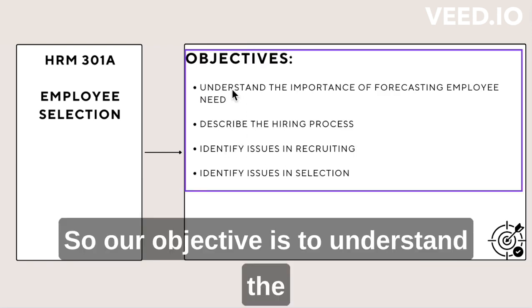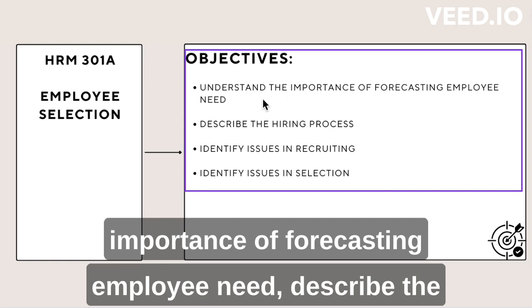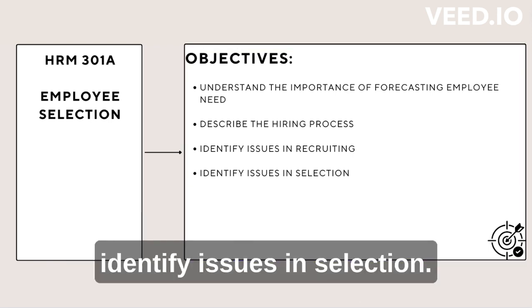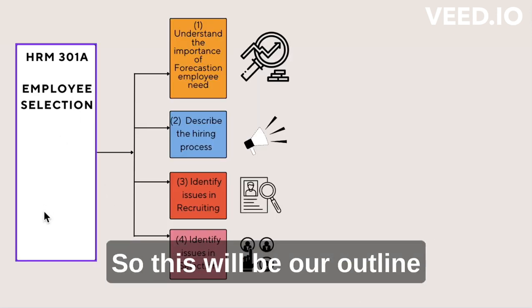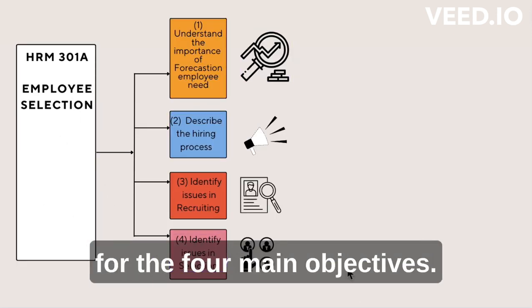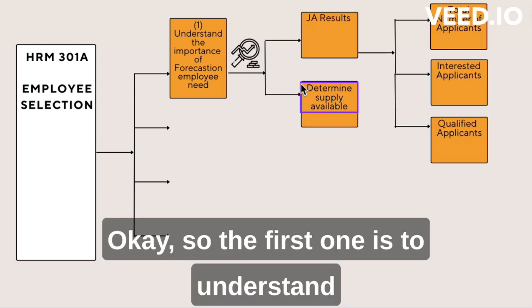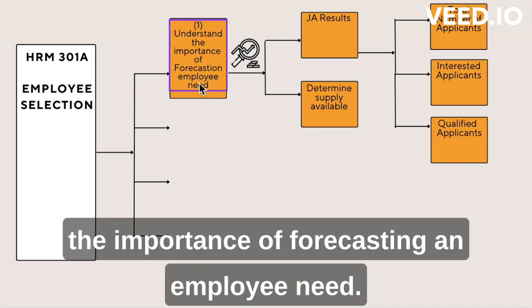So our objectives: to understand the importance of forecasting employee need, describe the hiring process, identify issues in recruiting, and identify issues in selection. So this will be our outline for the four main objectives, okay? The first one is to understand the importance of forecasting an employee need.